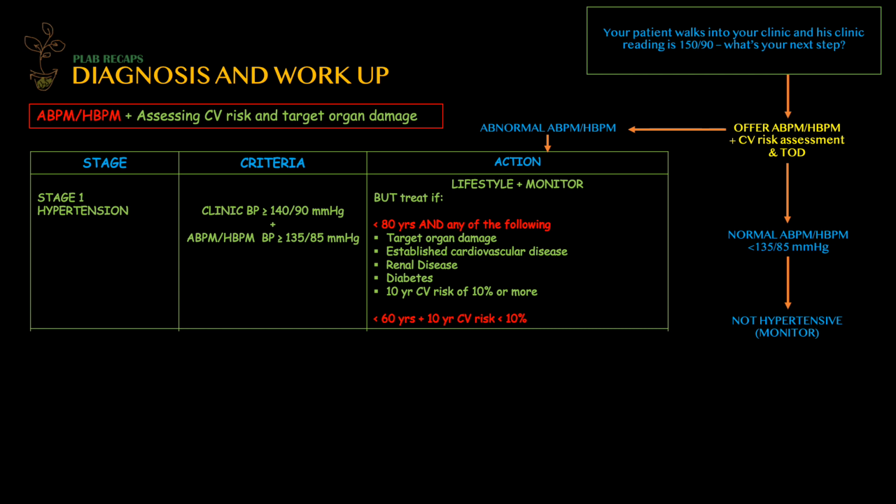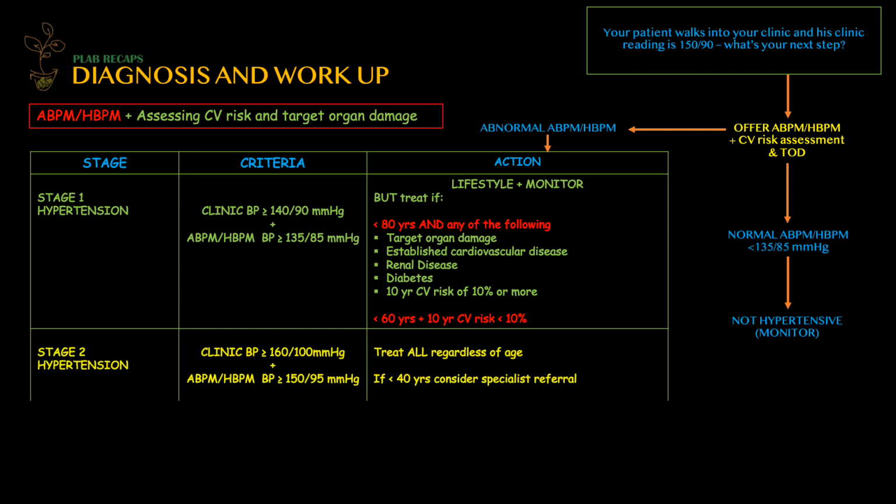So anyone less than 80 years of age who has any one of the following: target organ damage, established cardiovascular disease, renal disease, diabetes, or a 10-year cardiovascular risk of 10% or more, will require treatment with antihypertensives. Also, someone young who is less than 60 years old with a 10-year cardiovascular risk of less than 10% will also require treatment with antihypertensives.